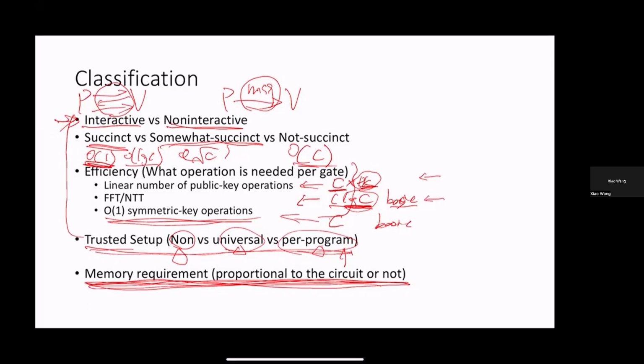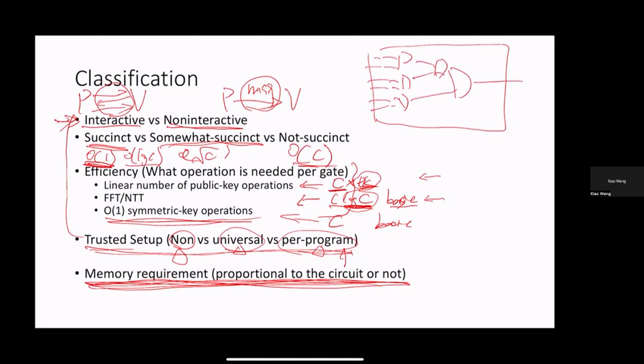And if we look at the circuit, there's also this kind of scenario. Let's say we want to prove a statement, and the statement can be represented as a circuit. Let's say a circuit like this.